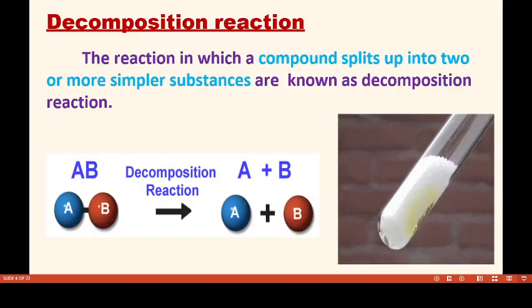Okay, first we have to discuss decomposition reaction. What is meant by decomposition reaction? A reaction in which a single compound breaks up into two or more simpler substances is known as a decomposition reaction.